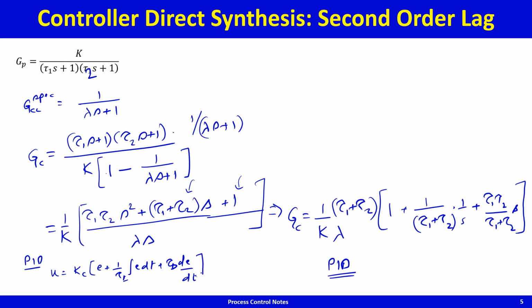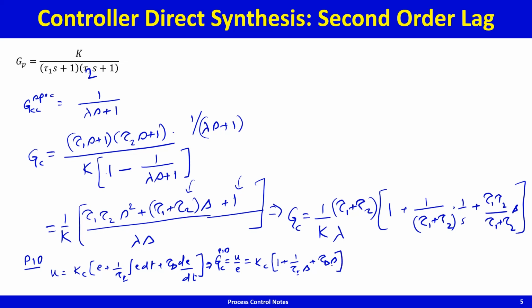Now if everything is presented as a deviation variable, where U is deviation from the initial steady state and E is error from the initial steady state, then Laplace transforming both sides, we will get G controller for a PID controller is going to be equal to U by E, that's going to be Kc times 1 plus 1 by tau I times s plus tau d times s.